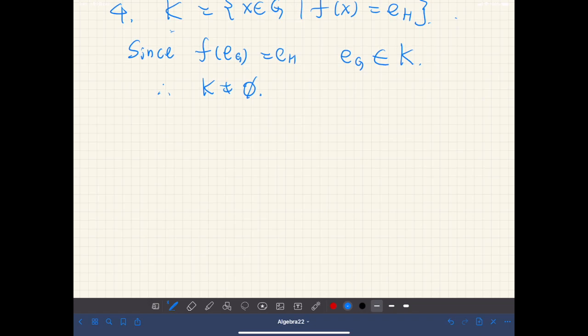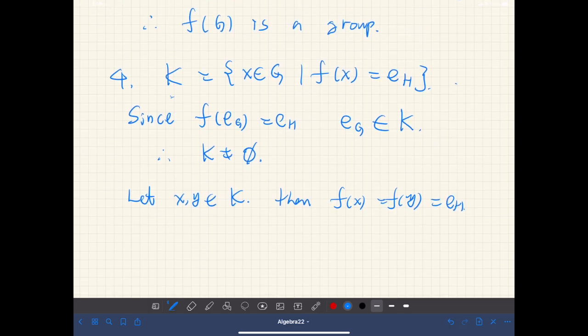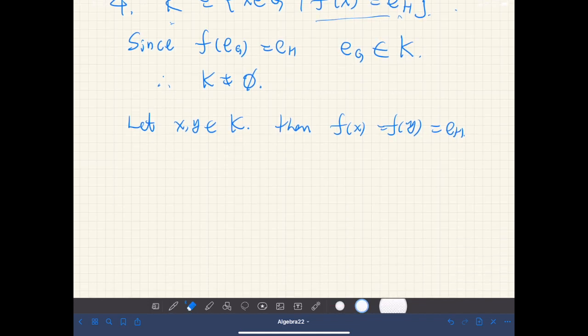Okay, and next, let x and y be elements of K. Then f(x) is equal to f(y) is equal to E_H. That's the definition of K. So any element in K is mapped to the identity element of H. We need to show that K is closed under multiplication.